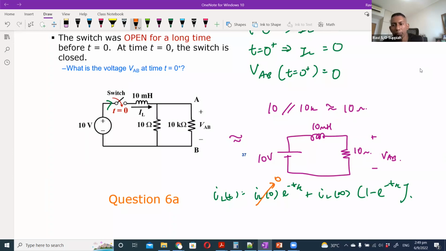And IL infinity is the final current. At steady state, your inductor behaves as a short circuit, so the current is 10 volt divided by 10 ohm, which is 1 ampere.